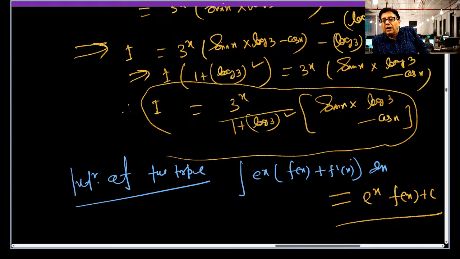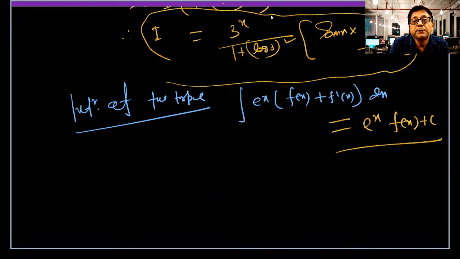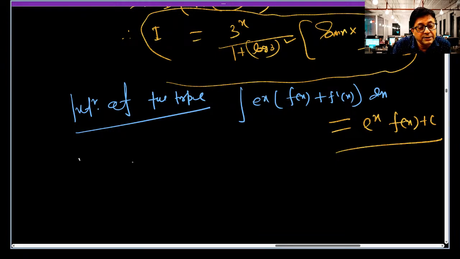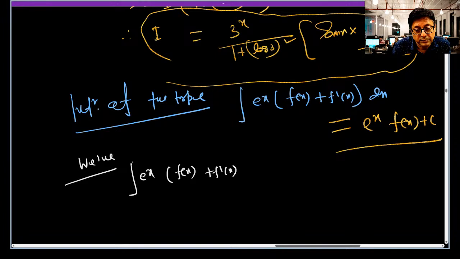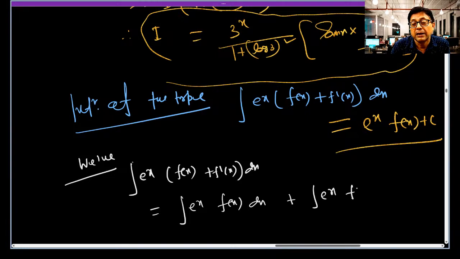Direct. But automatically you will ask me why the integrand will be of this form, e to the power x into f x. It is because if we use by parts on the left side, this is equal to the integral of e to the power x f x dx plus the integral of e to the power x f dash x dx, just expressed as a sum of two integrals.